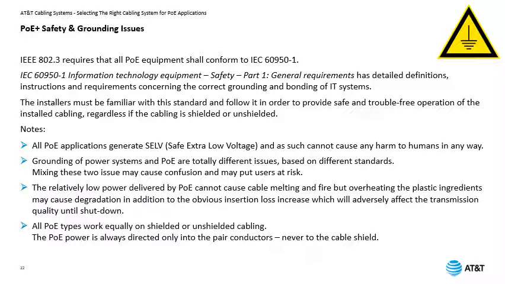It has detailed definitions and instructions for the requirements concerning the correct grounding and bonding of IT systems. The installers must be familiar with this standard and follow it in order to provide safe and trouble-free operation of the installed cabling, regardless of whether it is shielded or unshielded.